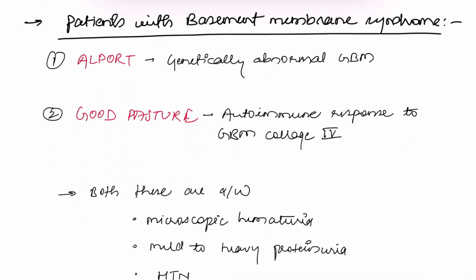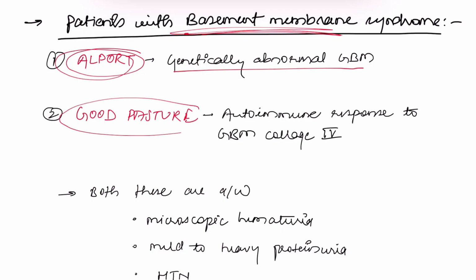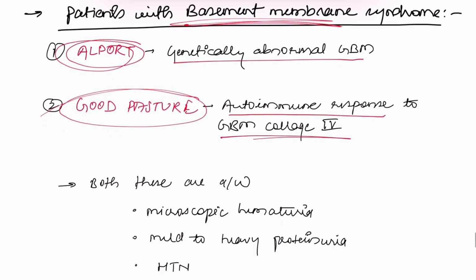Now, patients with basement membrane syndromes, where primarily the basement membrane is affected, that is your Alport syndrome. In Alport, there is a genetically abnormal basement membrane. In case of Goodpasture, you have an autoimmune response to GBM collagen 4. Just for the information, we will discuss these diseases in detail in the next video.